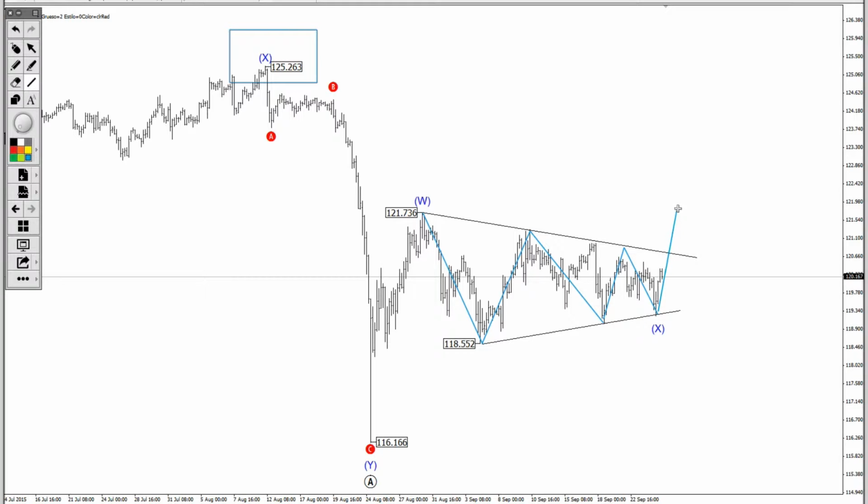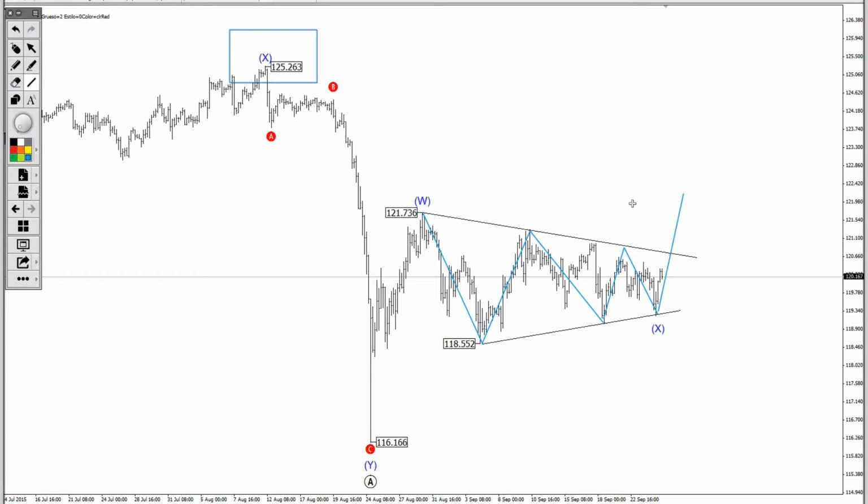So I'm expecting now a break through the triangle trend line and a move higher, and around 121, 120.5 or 120.7, around those levels would be the critical level for this next wave higher to start.